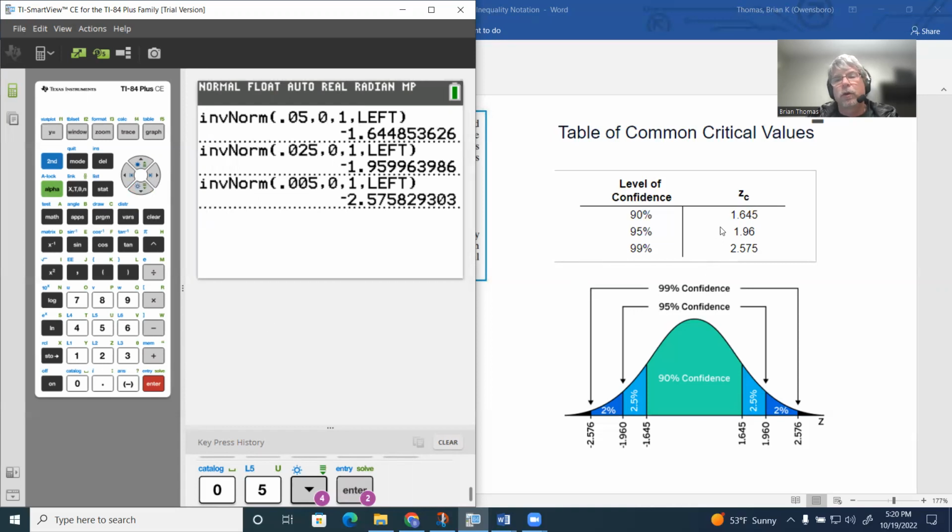But we can also do this to the right as well, since we really don't need negative values here. We just need these Z-scores as positive values. Remember that the symmetry kicks in, and we're going to use the ones to the right. These would actually be negative Z-scores, and we want to use a positive Z-score for that, and the symmetry allows us to do that.